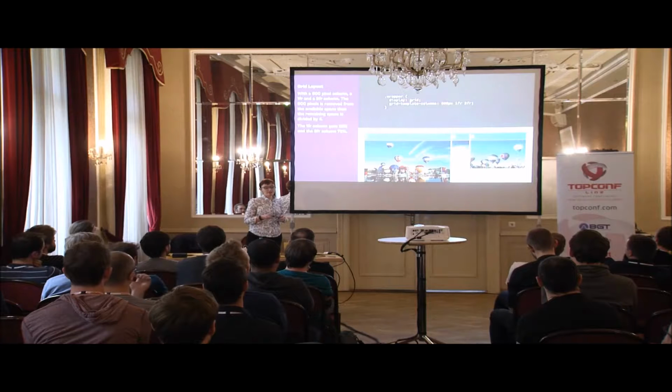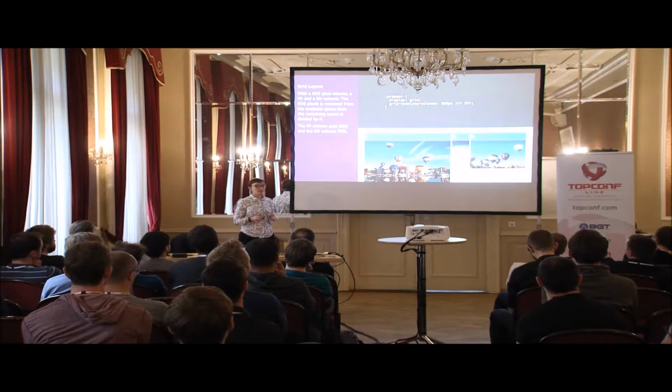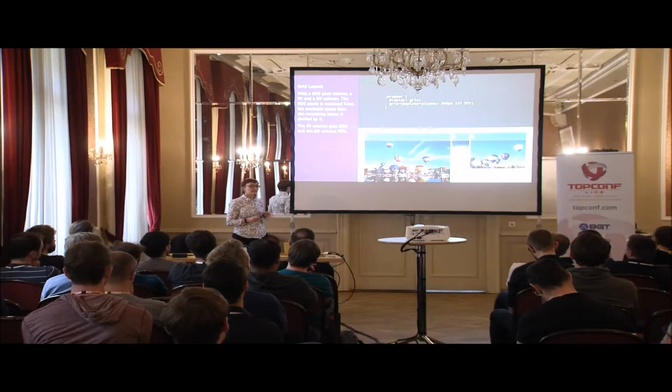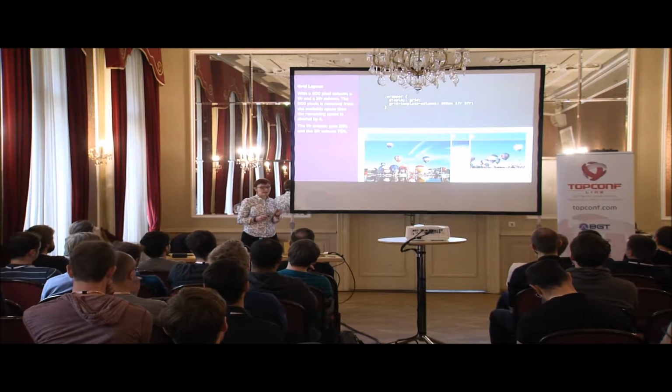And if we change the last column to 3fr, the remaining space would now be divided into 4 and shared between the boxes in proportion. So this, just like flex-grow and Flexbox, lets us build flexible layouts that have some fixed width elements in them.